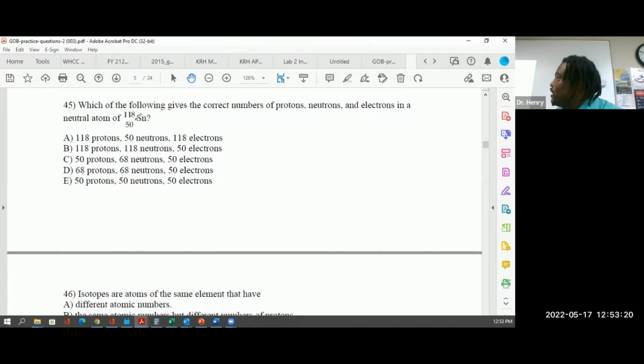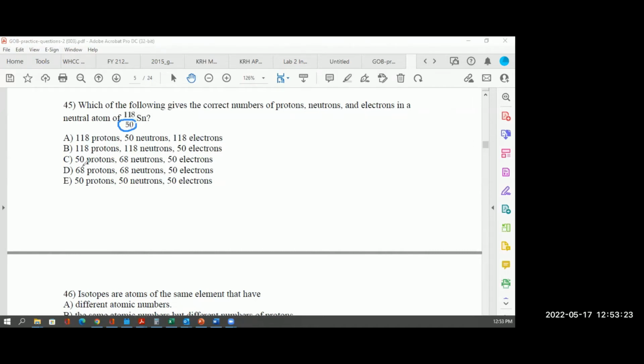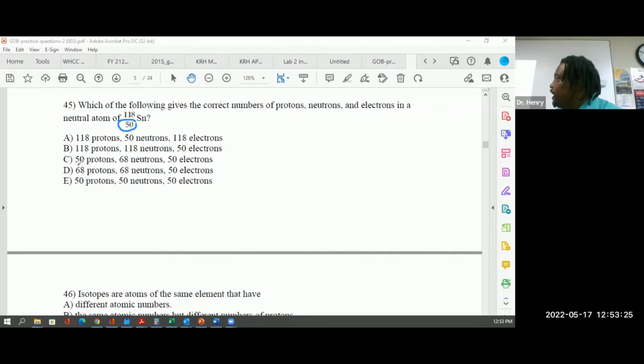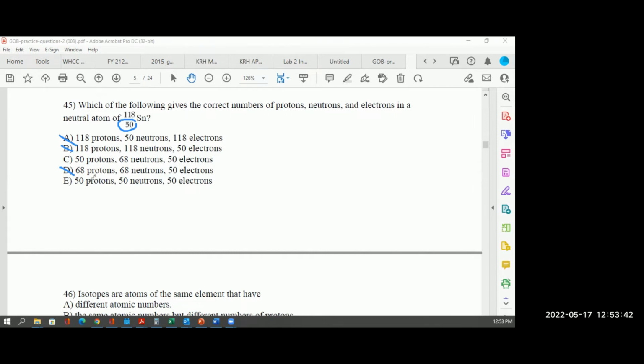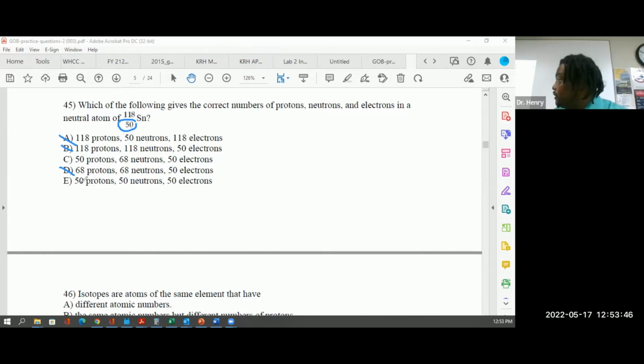The lower number. Okay, so it has to have 50 protons. So we know that A is wrong, B is wrong, and D is wrong. Okay, so if it doesn't have a charge, how many electrons does it have to have? 50 as well. So it's either E or C, right?